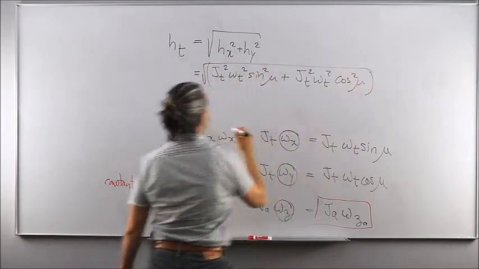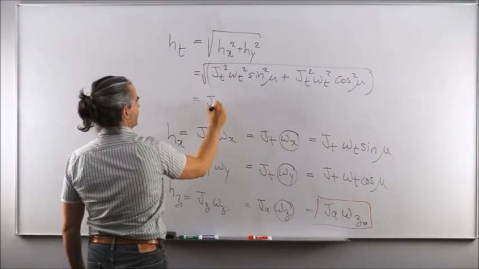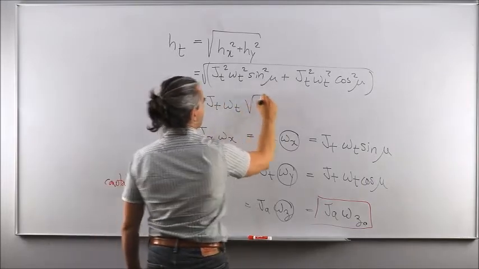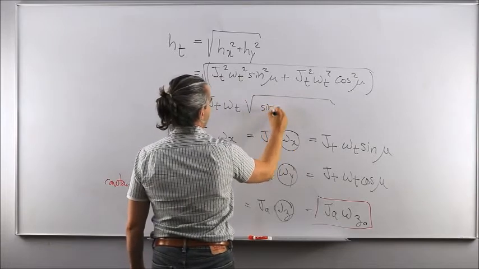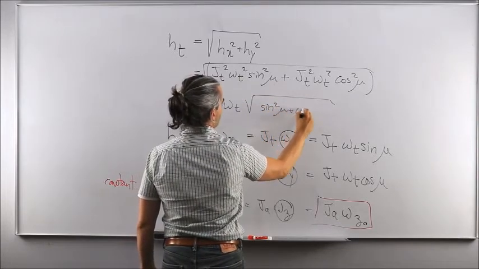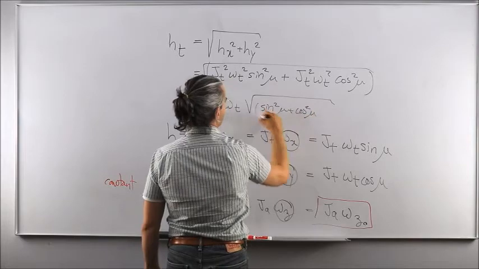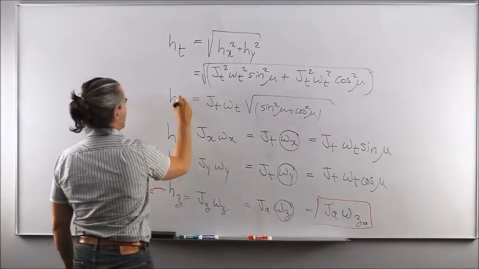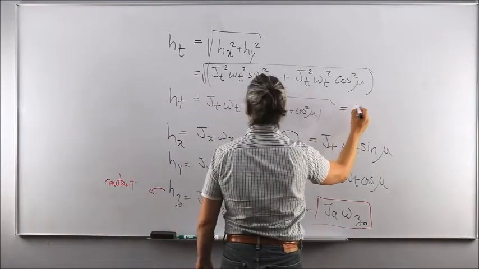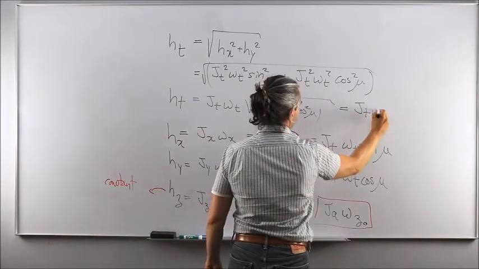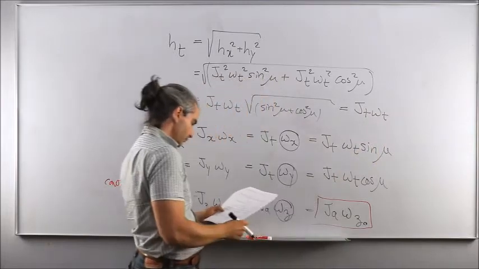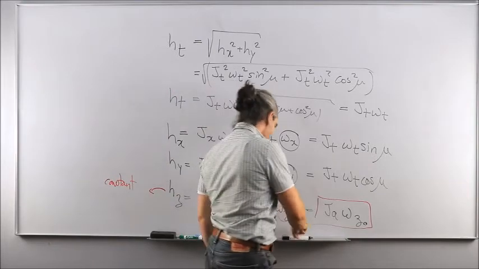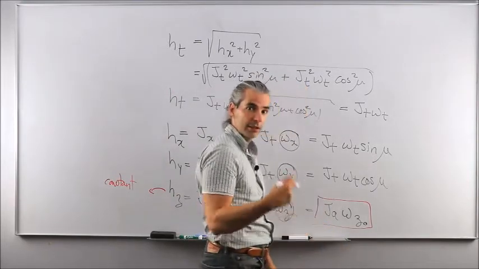And obviously what I can do here is factor out Jt omega t out of everything and be left with the square root of sine squared mu plus cos squared mu, which turns out to be 1. And therefore, surprise, surprise, ht is simply equal to Jt omega t. Omega t from before was a constant and equal to omega t naught.